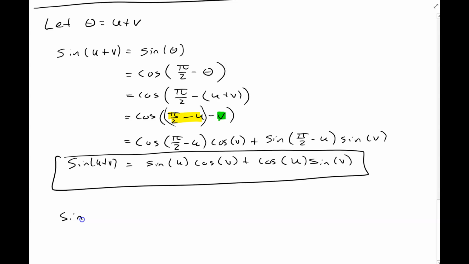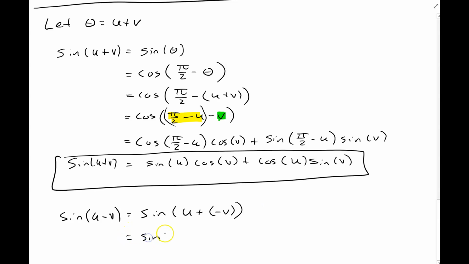Okay. What if I wanted to do the subtraction? Well, I'm going to use the same trick I used before. I'm going to think about sine of u minus v as sine of u plus a negative v, and use the formula from above.